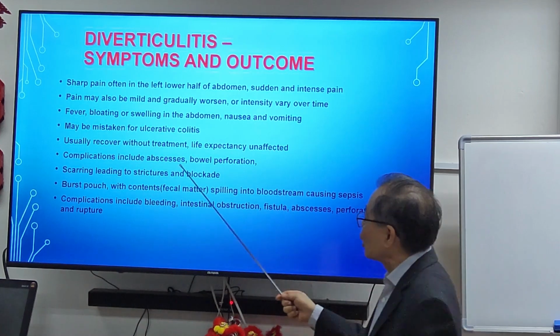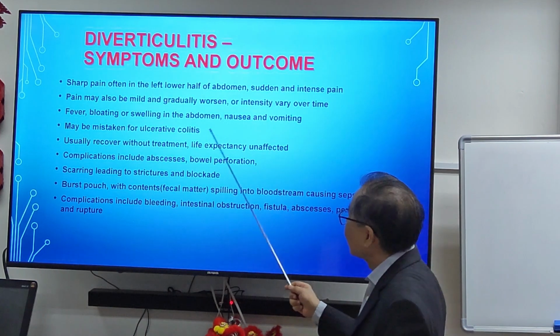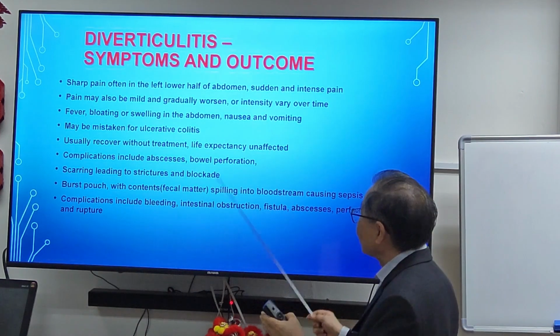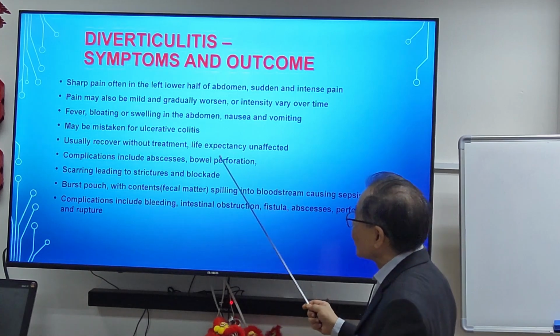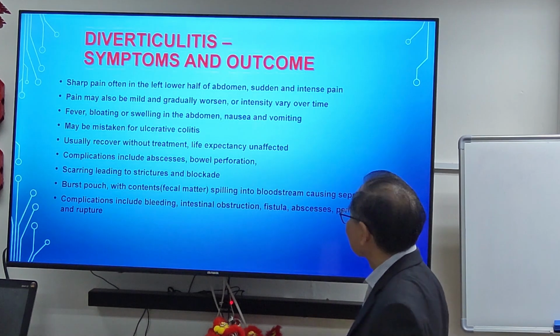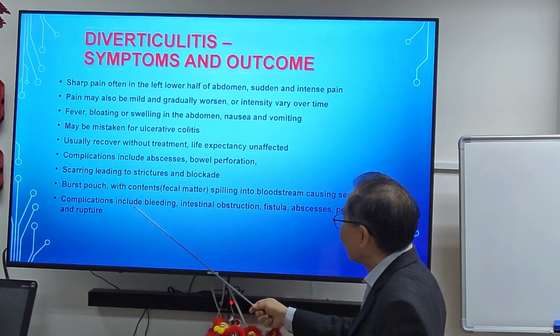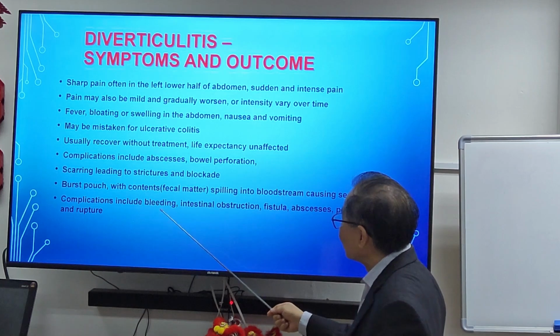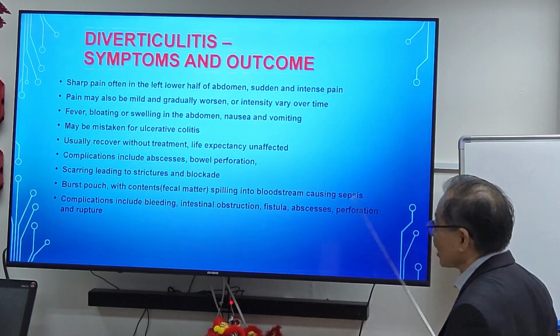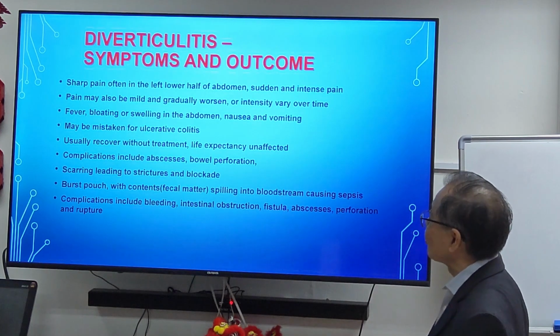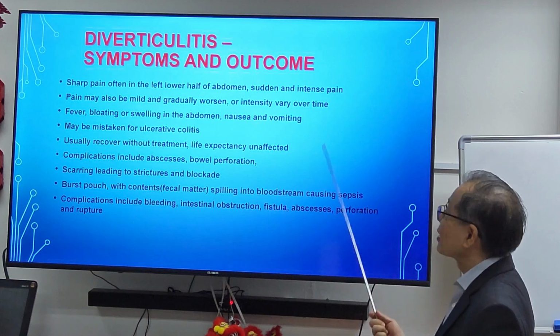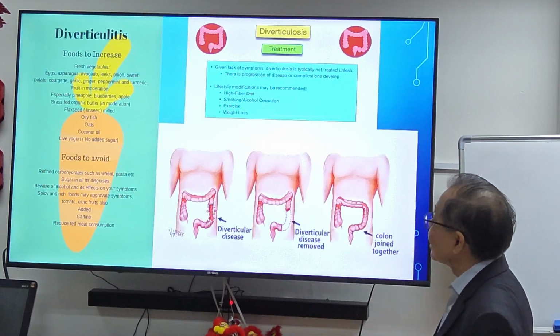Unexpected complications: it gets infected and it bursts out, perforation. That's when you need to do something. When it bursts, spilling into the bloodstream and everywhere, you may have bleeding, intestinal obstruction, and all the problems associated with it. So that's what diverticulitis is.